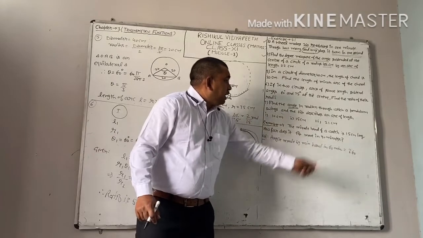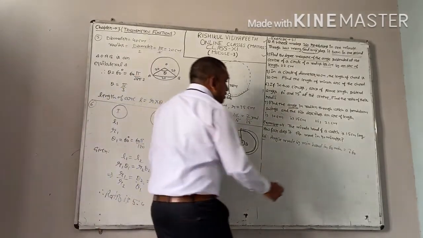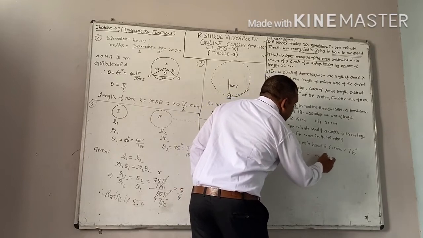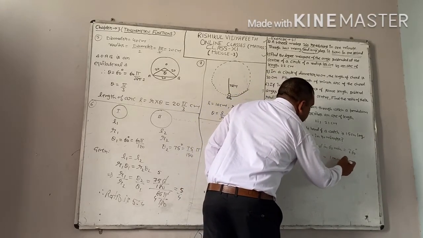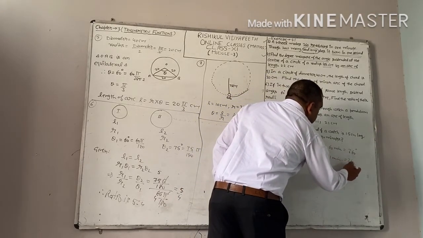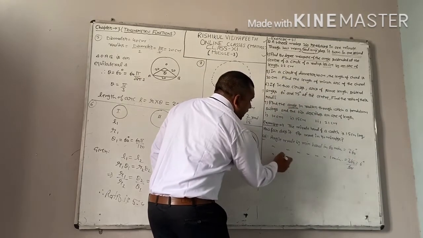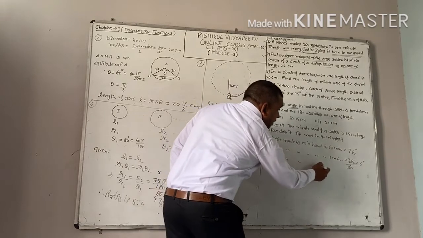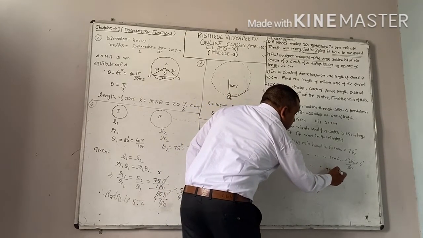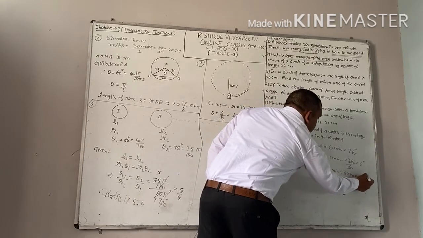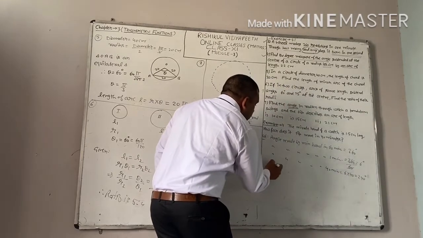So the minute hand will make an angle of 360 upon 60 in 1 minute. This is your 6 degree. Therefore, you can easily find out the angle made by minute hand in 40 minutes. This is your 6 into 40, 240 degree. Therefore, theta equal to 240 degree.